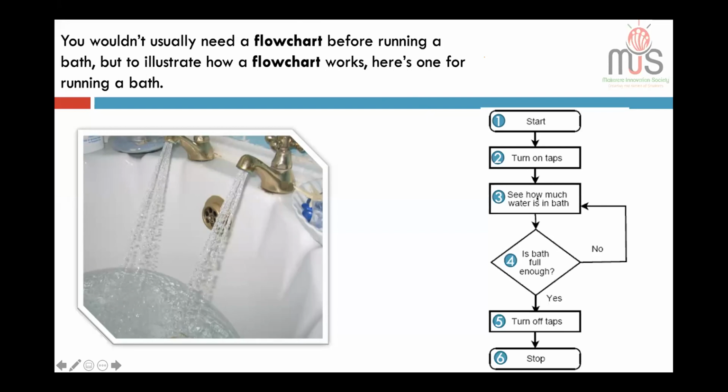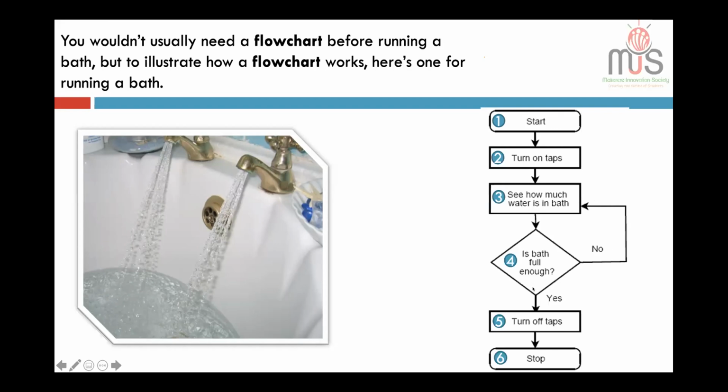And this is now the instruction, as you can see the shapes. On seeing the decision, either go to the next step of turning off the taps. And in this decision, I ask myself, is the bath full enough for me to take my bath or my shower? If it's not full enough, I continue checking.